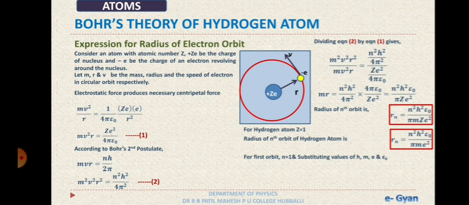For the first orbit, n is equal to 1, and if we substitute the values of Planck's constant, mass, charge of electron and permittivity of free space, we get the value of the radius of the first orbit, which is given as R naught is equal to 0.53 into 10 raised to minus 10 meters. This radius, the radius of the first orbit of the hydrogen atom, is called Bohr's radius. Remember, it is called Bohr's radius.